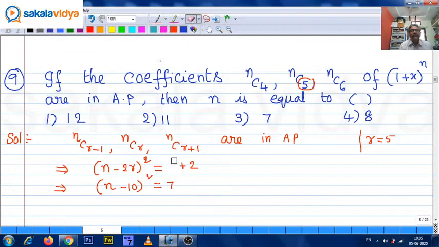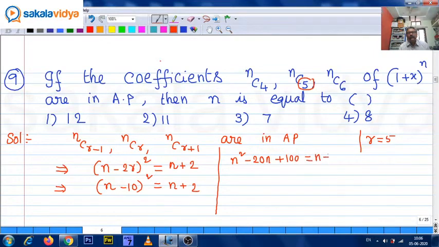The shortcut is n plus 2. You simplify this one. What do you get now? n square minus 20n plus 100 equal to n plus 2. Bring this side. n square minus 21n plus 98 equals to 0. 98 factors are 14, 7.